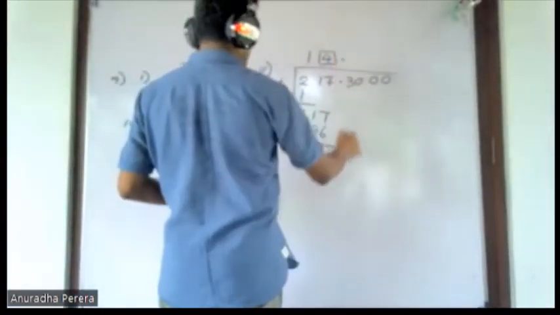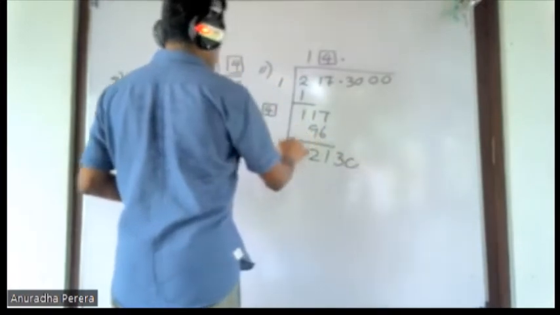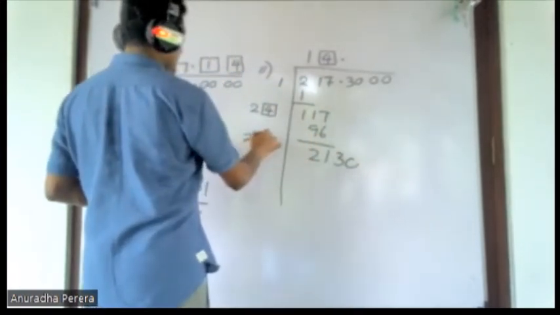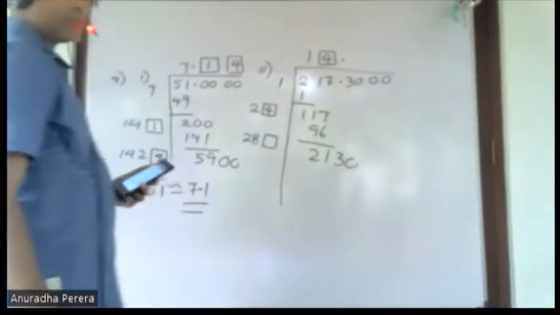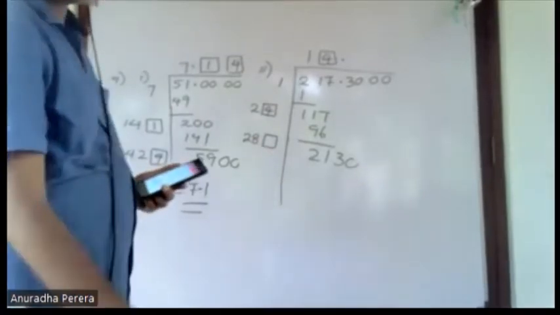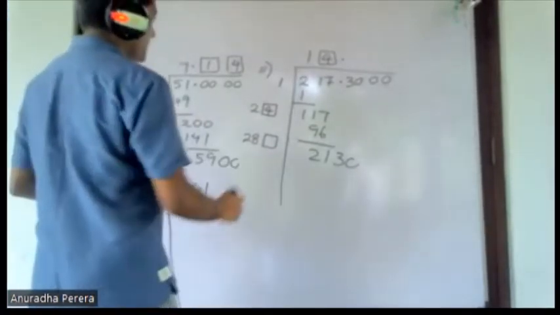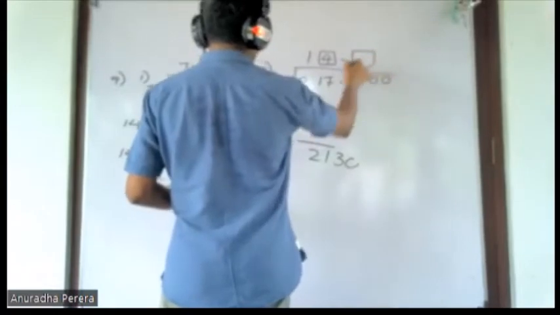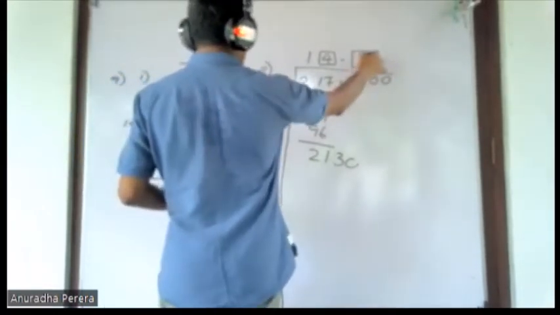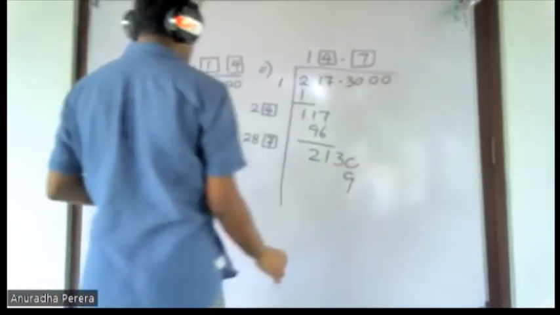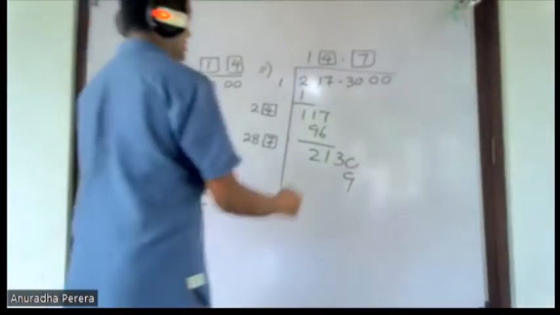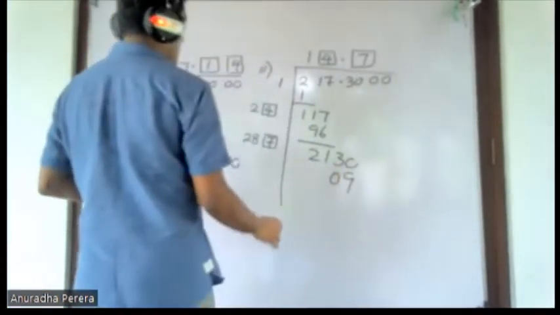Next pair. 30. Twice of 14, 28. I think 7.